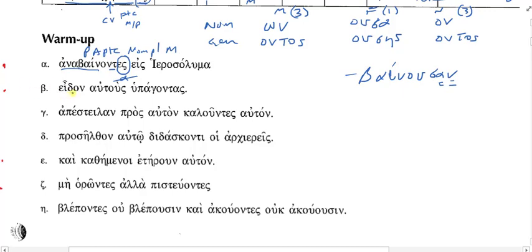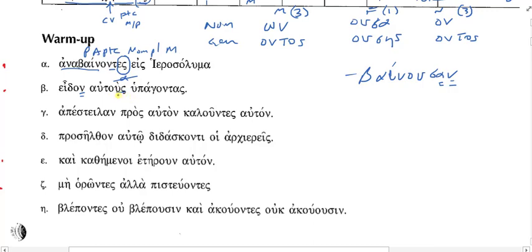Now, Eidon is I what? I saw. This could also be who saw. Yes, they saw. First singular or third plural here are identical. I'm glad you didn't say Esau. So I saw, or they saw, autous. What case is that?